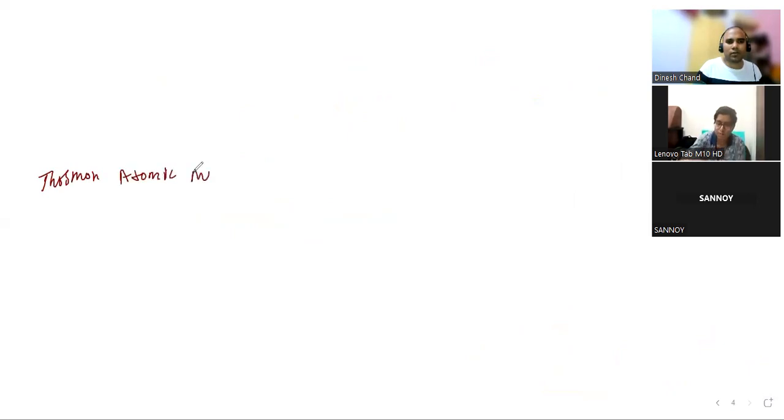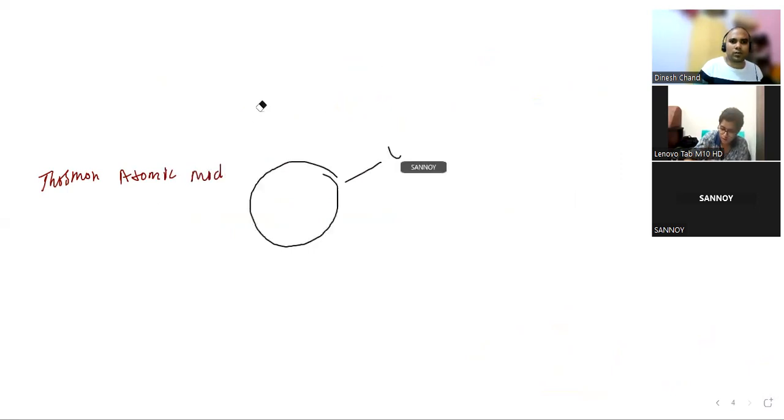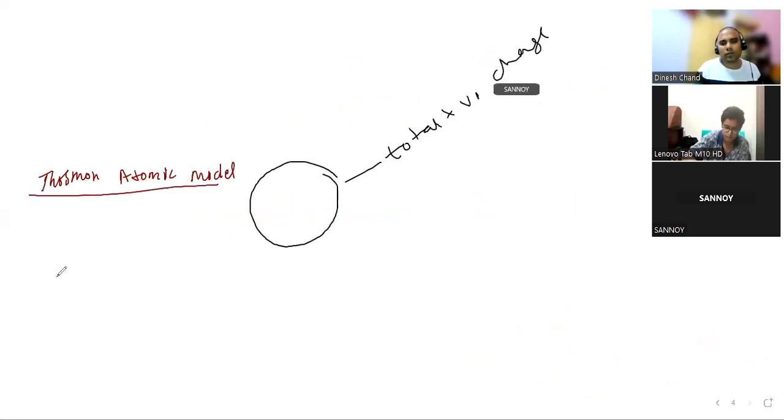According to the Thomson atomic model, there is a sphere composed of total positive charge. And we will have negative charges embedded on the surface of that positive charge.